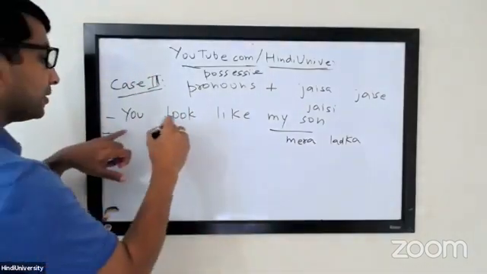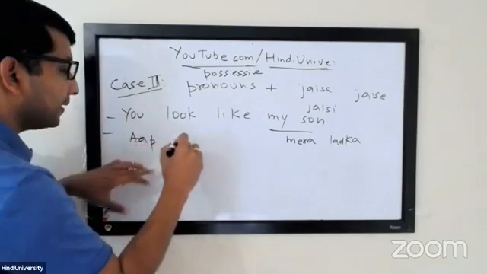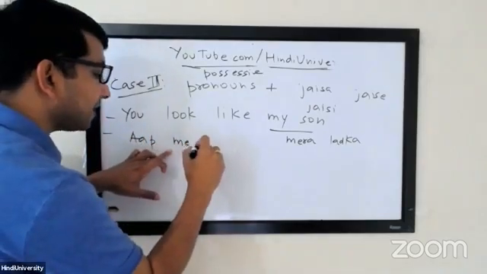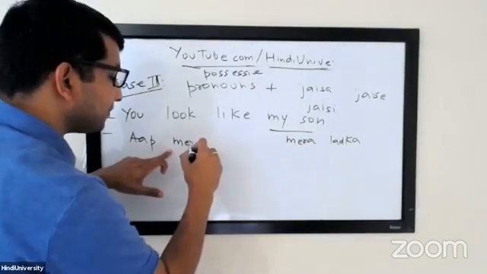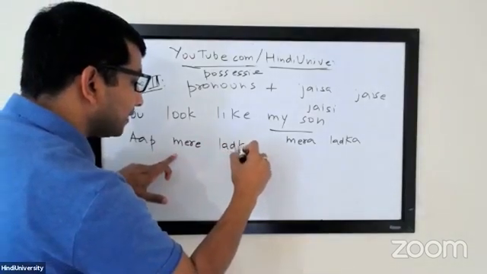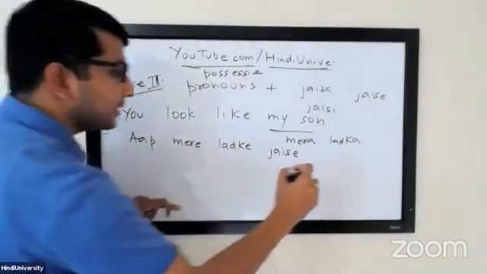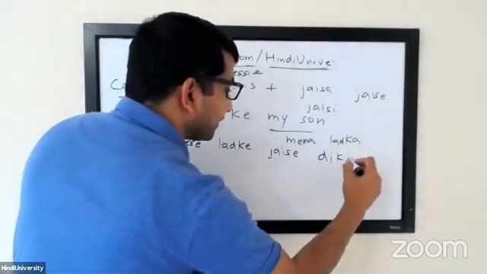And you look, right, which is basically आप मेरा लड़का plus जैसा becomes, remember oblique case, so it will become आप मेरे लड़के जैसे दिखते हैं.